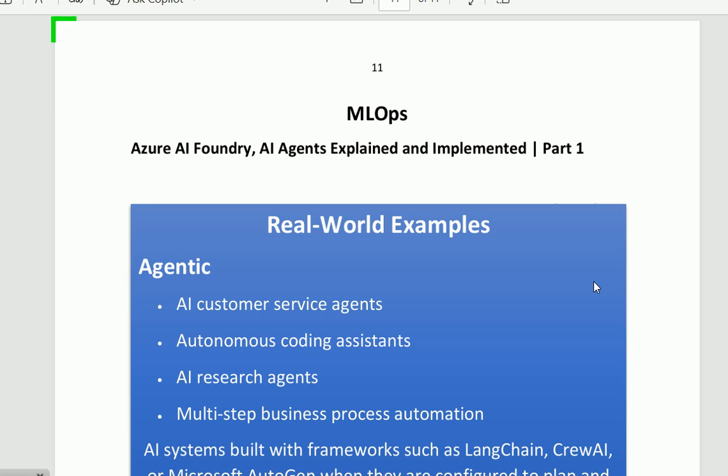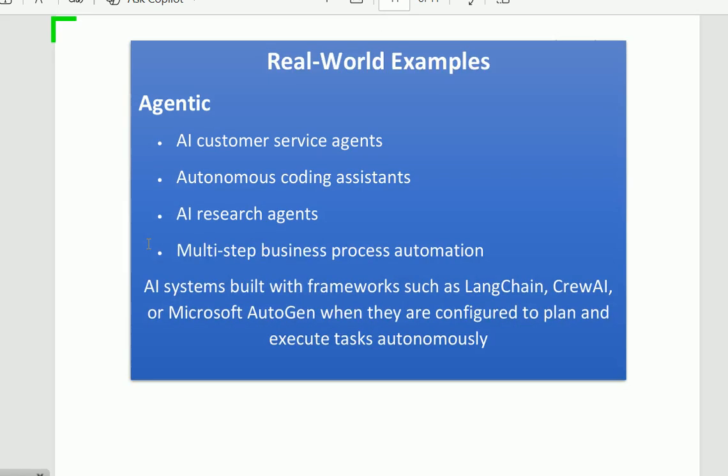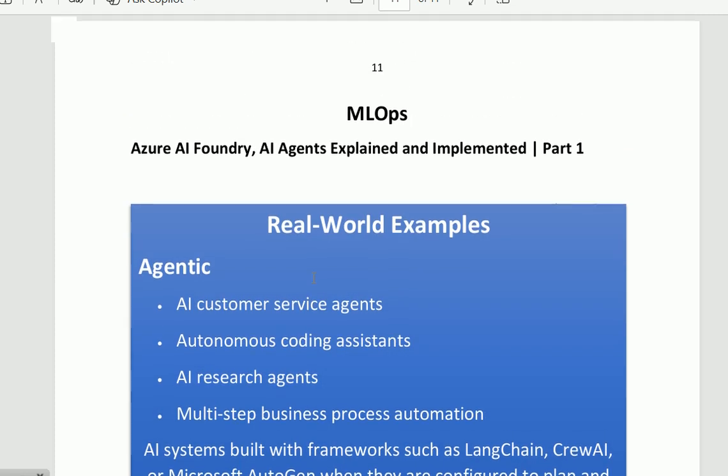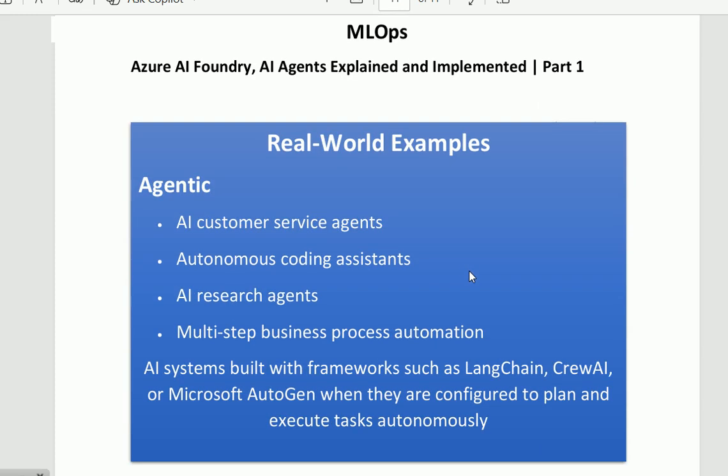These are the different agents that are developed by using the agentic workflow. Also, AI systems built with frameworks such as LangChain, Crew AI, or Microsoft AutoGen, when they are configured to plan and execute tasks autonomously, are examples of the agentic workflow.